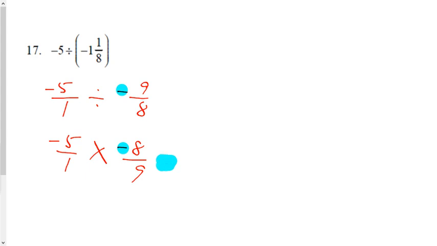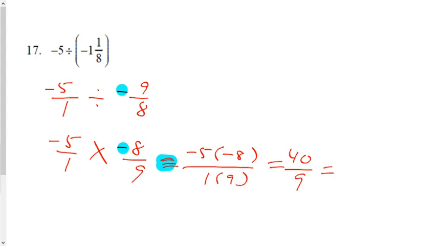When you multiply your numerators, negative 5 times 8, negative 8, excuse me, over 1 times 9 will equal 40 over 9, which will equal negative 4 and 4 ninths. Oh, sorry, positive 4 and 4 ninths, not negative. Positive 4 and 4 ninths.